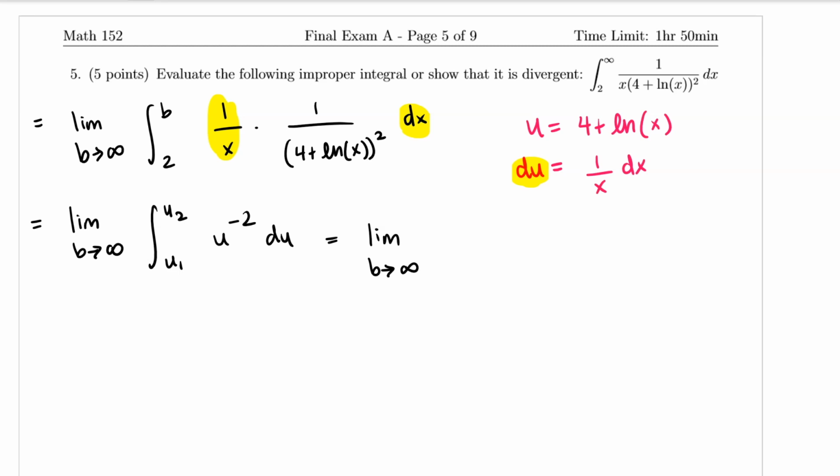So we have the limit as b approaches infinity of negative 1 over u. I increase the power by 1 and divide it by that new power. And we're evaluating this between u1 and u2. Now I can go ahead and put this back in terms of x.